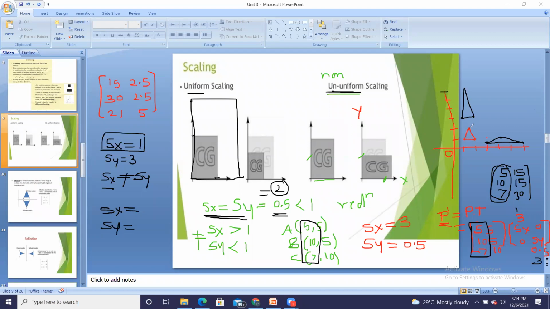Yes, both will be equal because it is mentioned in the problem statement itself that you have to increase the size of the triangle to 5 times. And that is the value of Sx and Sy. Both are 5. I have to increase the size along x-axis also 5 times and along y-axis also 5 times. And that is your Sx is equal to Sy, and it causes your uniform type of scaling.